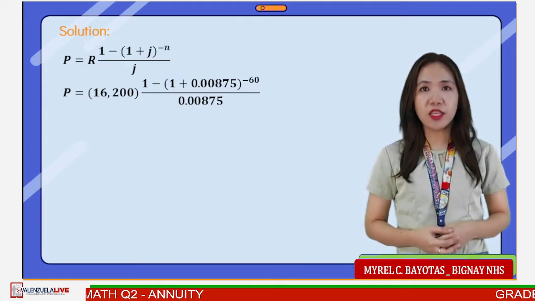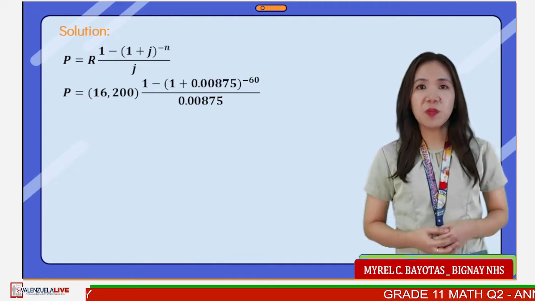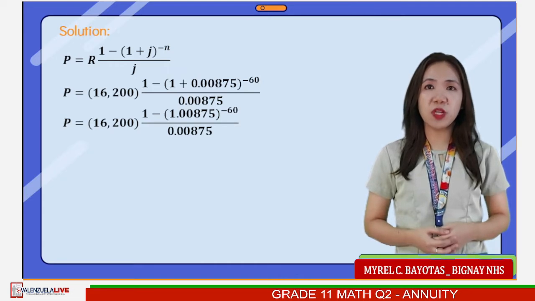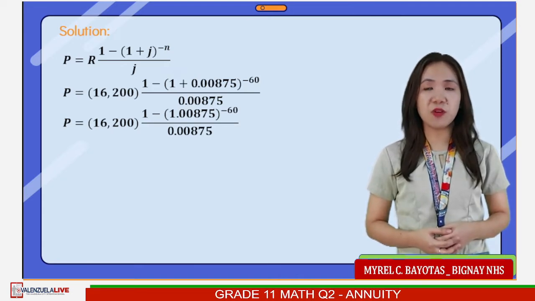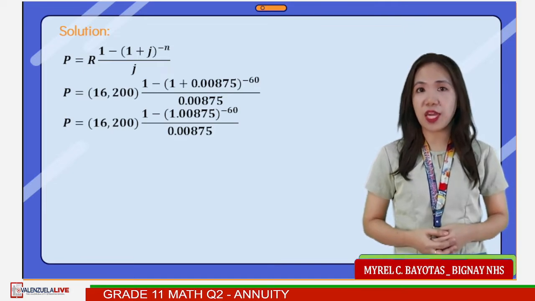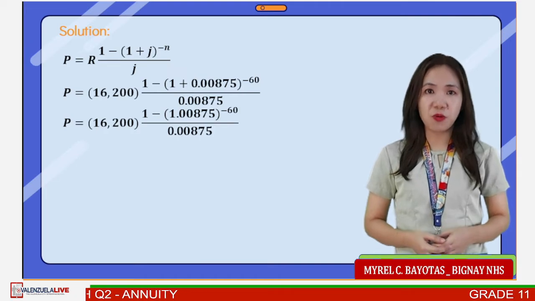Next, add 1 and 0.00875. P equals 16,200 times 1 minus 1.00875 raised to negative 60 all over 0.00875.